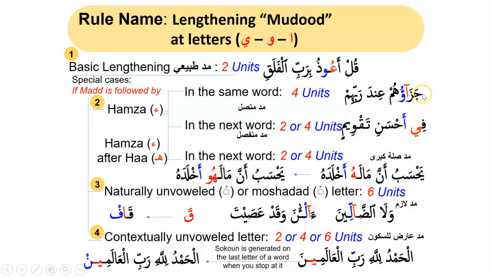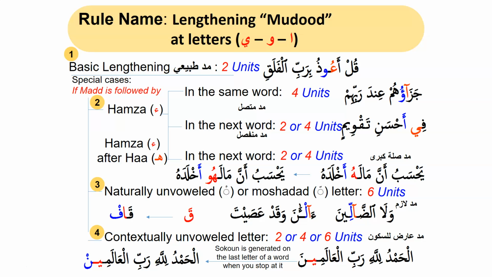جزاؤهم عند ربي. If we dissect this word, we'll find it is alif, in جزاء, sakin, unvoweled, and preceded by a letter carrying fatha. So now this alif is a candidate for lengthening, for being مد طبيعي, which is of 2 units of time.